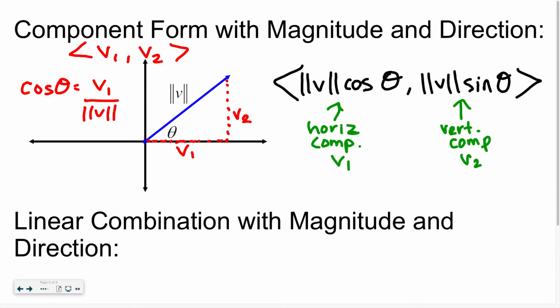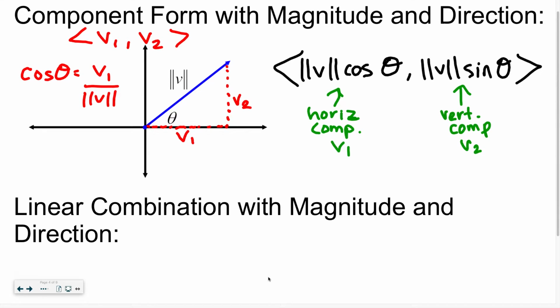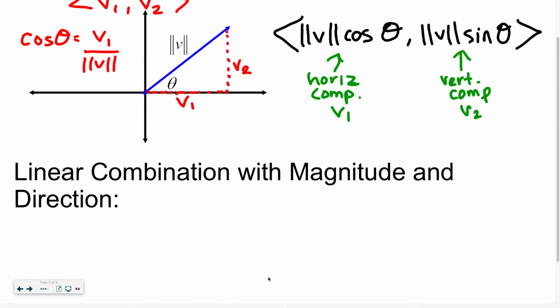Okay, in the second part on the screen here, it's asking you to give the linear combination with magnitude and direction. Well, this would be just like what we discussed with the linear combination yesterday. It has the standard unit vectors i and j. Linear combination is your horizontal component times i plus your vertical component times j.